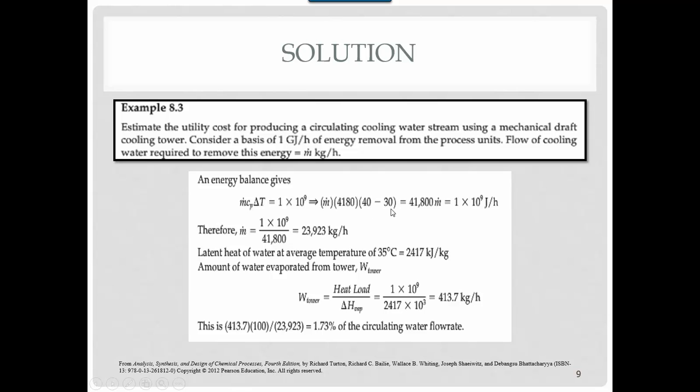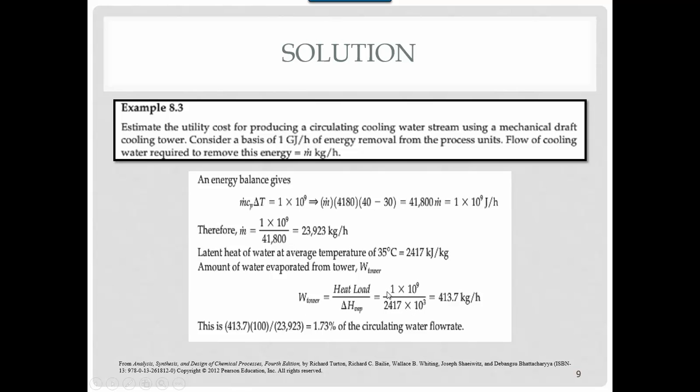So if I had a 10-degree temperature change on my cooling water, which is a typical value, and C sub P of roughly 4,180, then this would give me the mass flow rate of water to change that 10 degrees. Now this is going to be done by evaporation. So what I need to do is look at the heat load for the latent heat of vaporization. If you look that up, 2417 kilojoules per kilogram is the value for 35 degrees C.